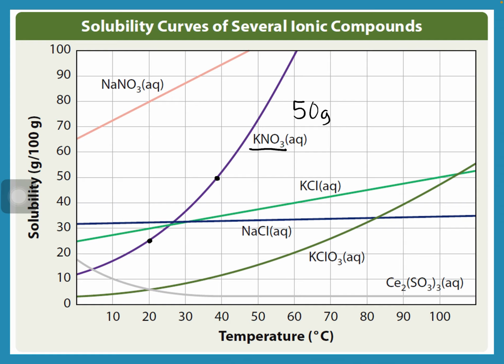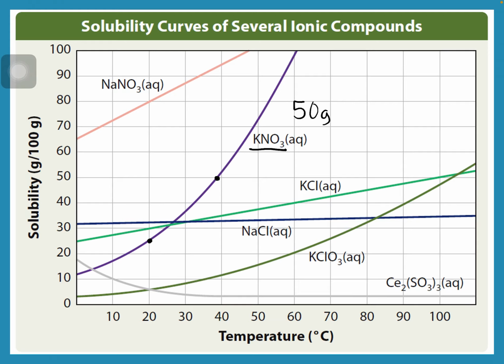So I would need to increase the temperature by about 18 and a half degrees Celsius to get to the point where potassium nitrate is a saturated solution. Anything above that would leave me with an unsaturated solution. So once I go beyond that, if 50 grams is how much I have, now I have an unsaturated solution there.